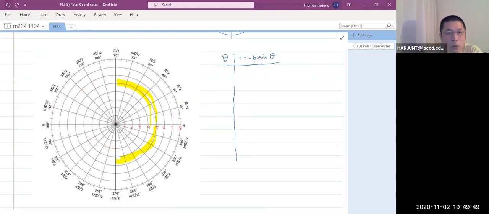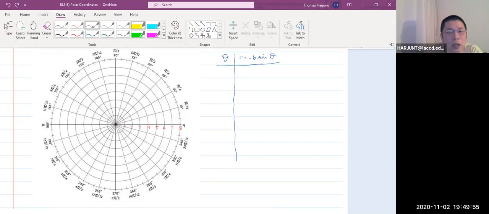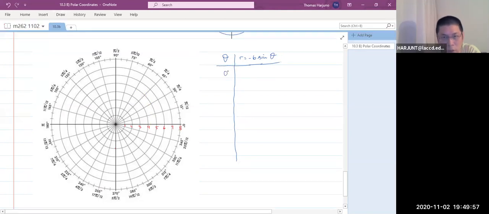With that said, I will get the theta. Let's use special angles: 0, pi over 6, pi over 4, pi over 3, pi over 2, and also negative pi over 6, negative pi over 4, negative pi over 3, negative pi over 2.